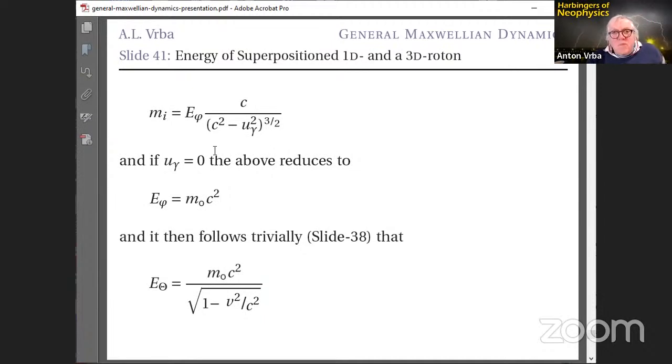But if u gamma equals 0, the above reduces to m0 c squared, and it trivially follows that the energy is m0 c squared over 1 minus v squared over c squared. So basically, I've got Einstein's relativity here in a Cartesian coordinate system, using the energies of the rotons as I've done there. This is as far as I want to go today.